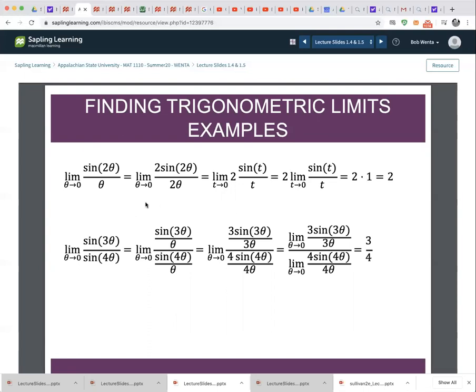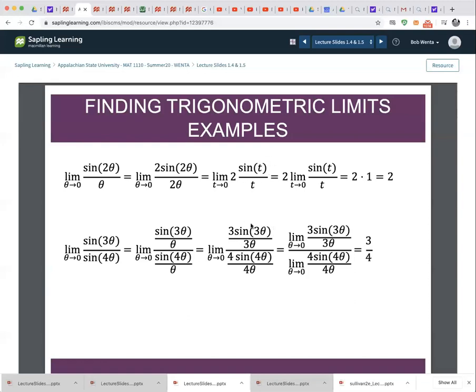The second one, they do 2 steps. You've got 2 different values in here, 3 theta and 4 theta in this situation. And what they do, they get them both to match, to become 1. So the idea is to get what's on top to match what's down here. They had to introduce the 1 over theta, multiply by 1 over theta on top, and multiply by 1 over theta on the bottom. You've got a tool to work with there then. Once you have that theta, if you multiply the top and bottom by 3, you've got this circumstance that develops. These match. Now you can recognize them as the same value.